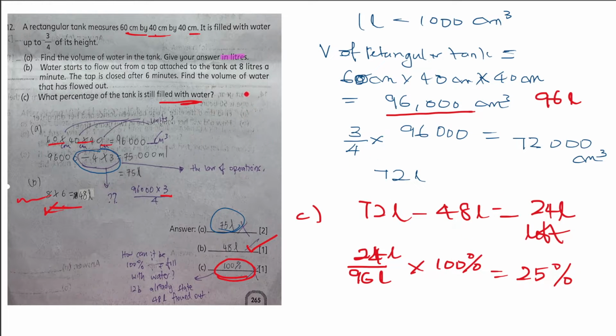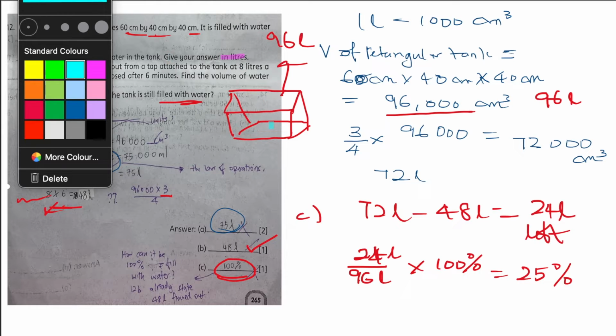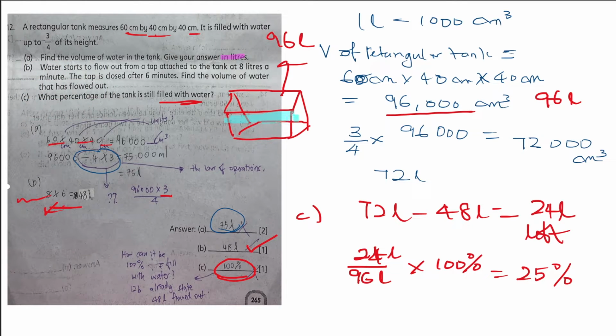So maybe we just do this. Okay, this whole tank can store 96 liter of water. But then it only has 3/4 of the water in it. 3/4, which means it's not filled to the brim, okay?